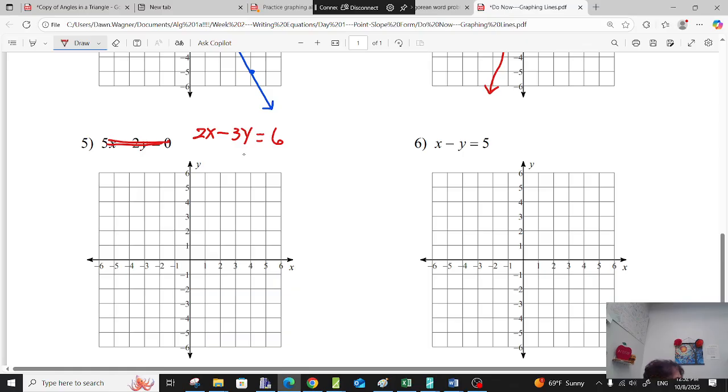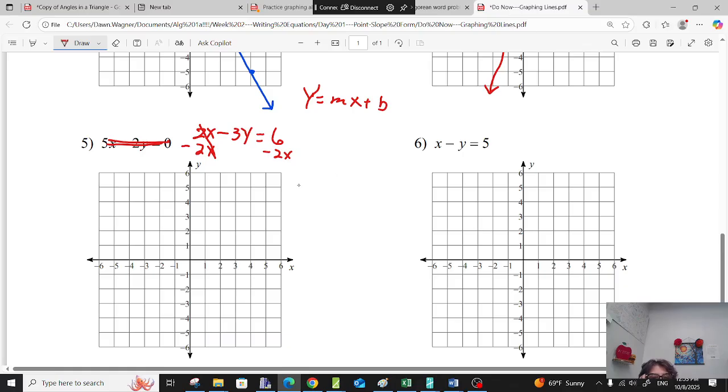So, Mary, can you help me out with this one? Subtract 2x from both sides. Yep, so step 1 is to move the x value over to the other side. And the reason is we want it to look like y equals mx plus b. That's the goal, right? So this is gone now.